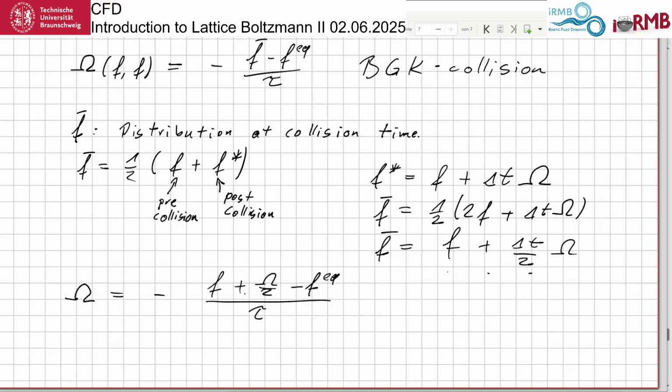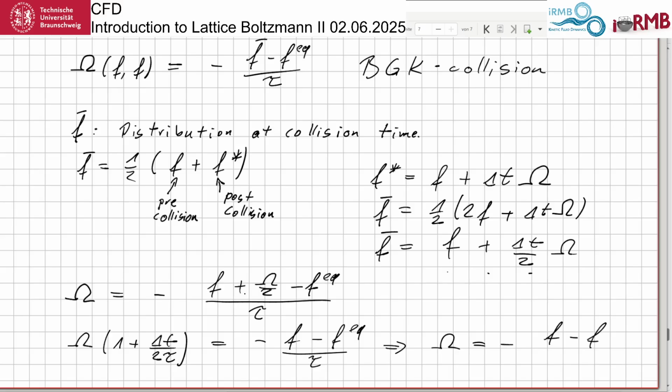We can put everything that we want to know on the left-hand side, so we can write omega times 1 plus delta t by 2 tau. We bring this on the other side as minus f eq divided by tau, which means that omega is equal to minus f eq divided by tau plus delta t half.